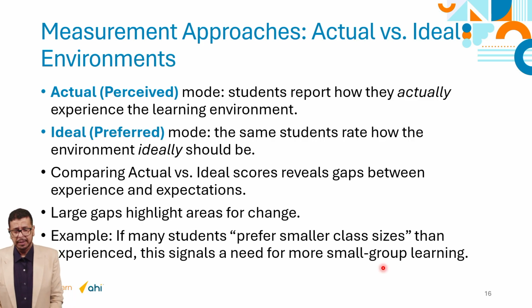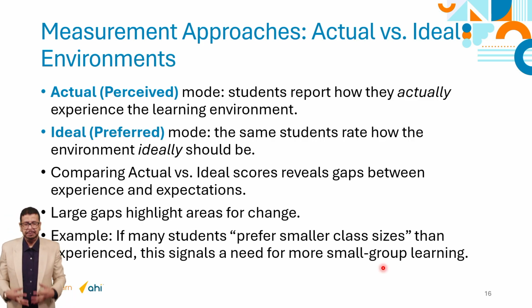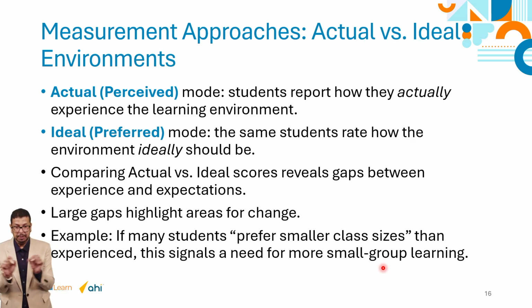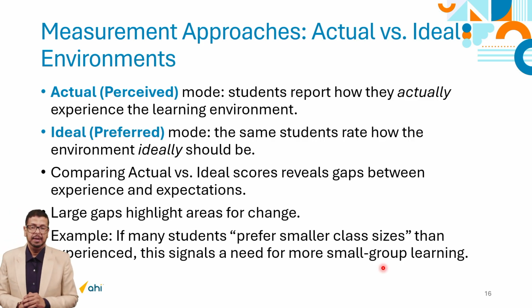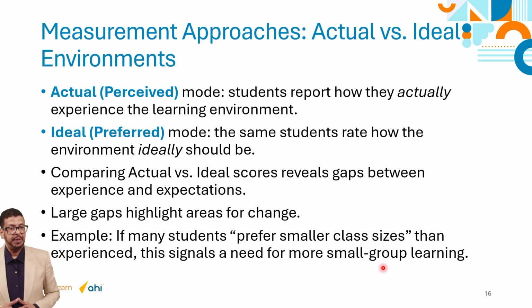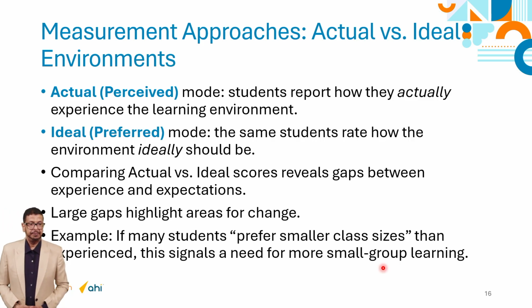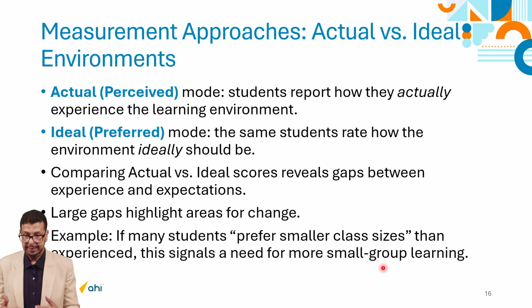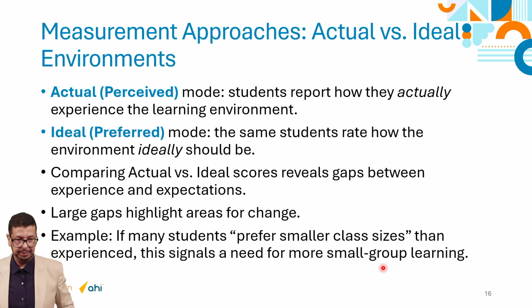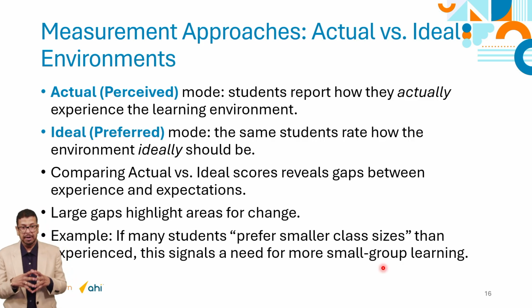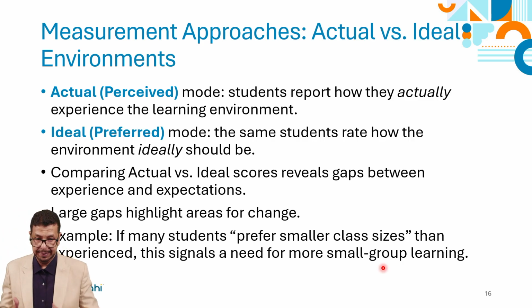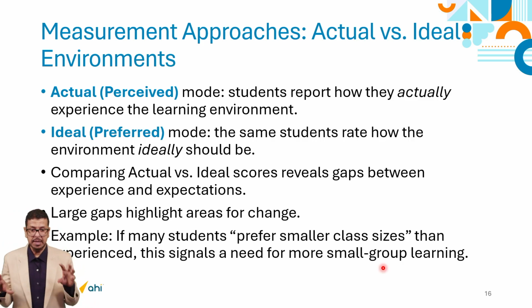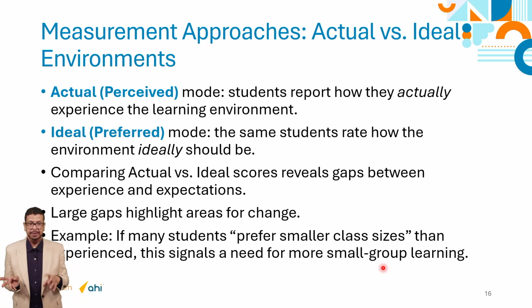The actual is typically what is perceived by the students, like sending them a questionnaire asking what they perceive about the environment, and it is about how students report what they actually experience in the learning environment. While for the ideal or preferred learning environment, we ask the same students to rate how the environment should ideally be. It is very important to measure both and to compare the actual and the ideal.